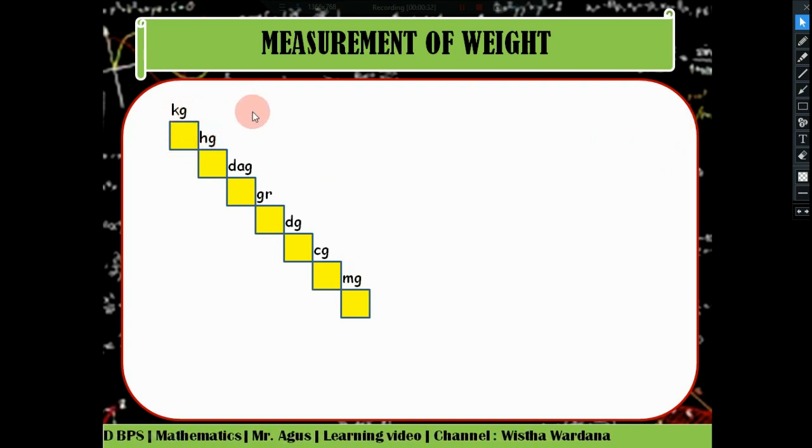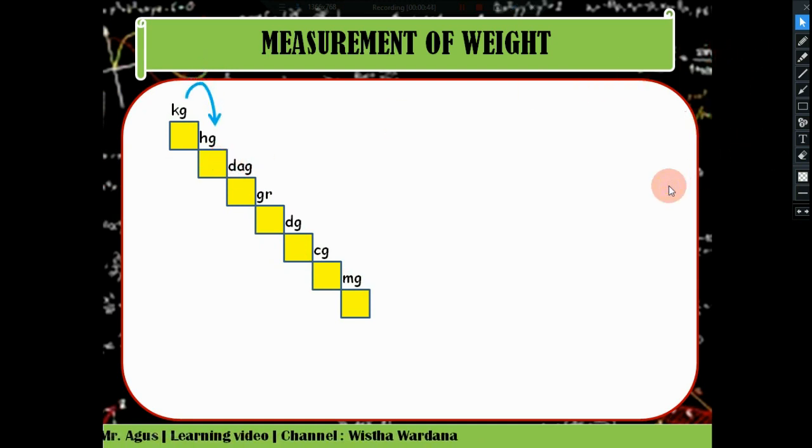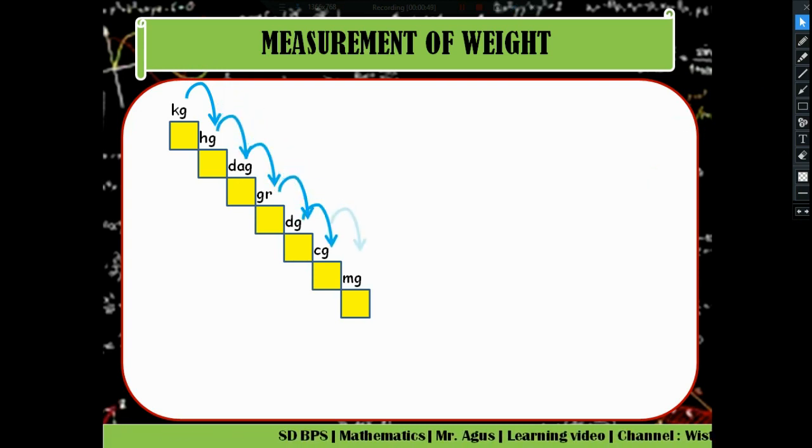The way to get the answer when you want to convert one measurement to another is similar to measurement of length. So, if you move down one step from one measurement to another, you have to multiply the measure by 10.